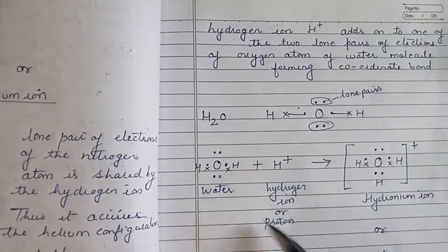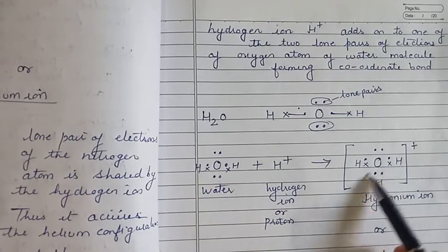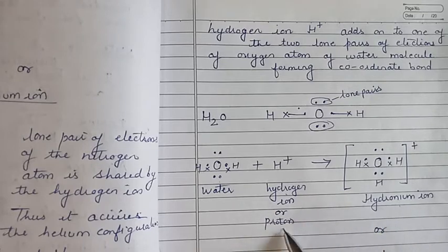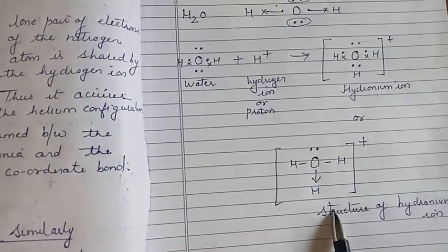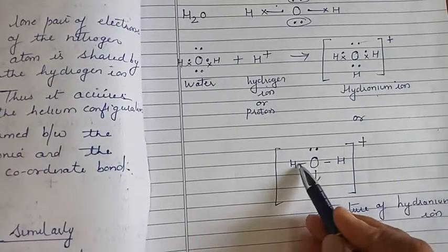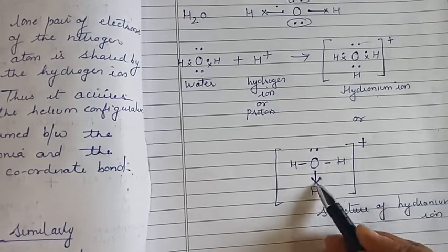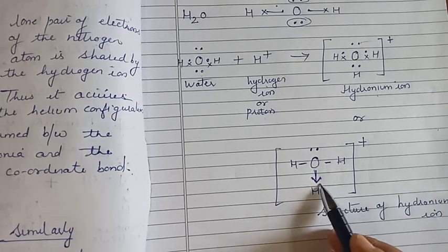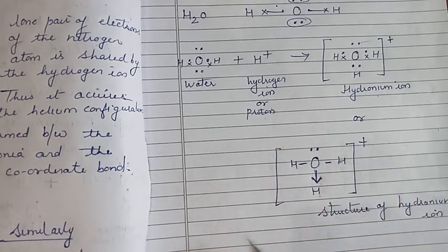So when the hydrogen ion, that is the proton, is added, one of the lone pairs is shared by this proton. So this is the formation of the hydronium ion, which can also be represented like this. These two are covalent bonds, and this is a coordinate bond. Here the lone pair is shared by this hydrogen ion, that is the proton.